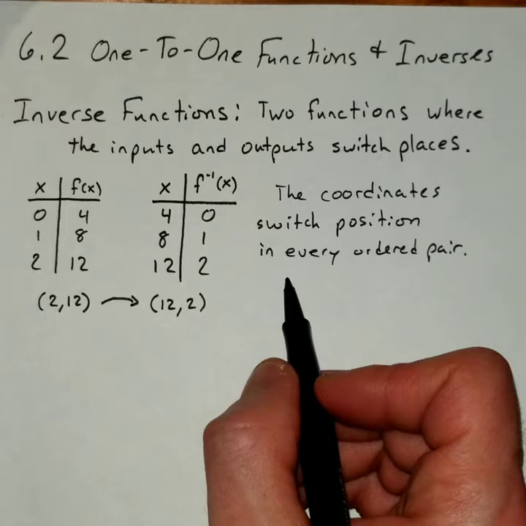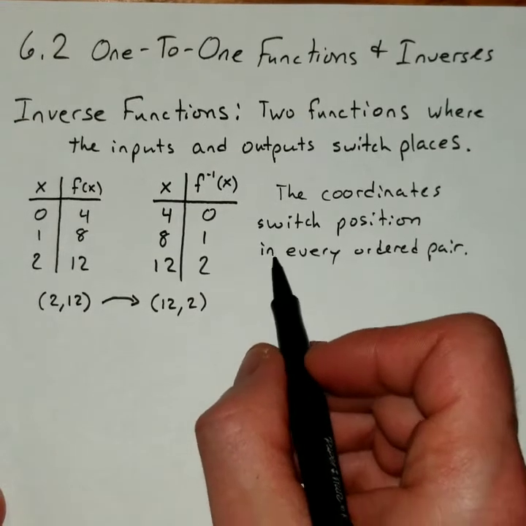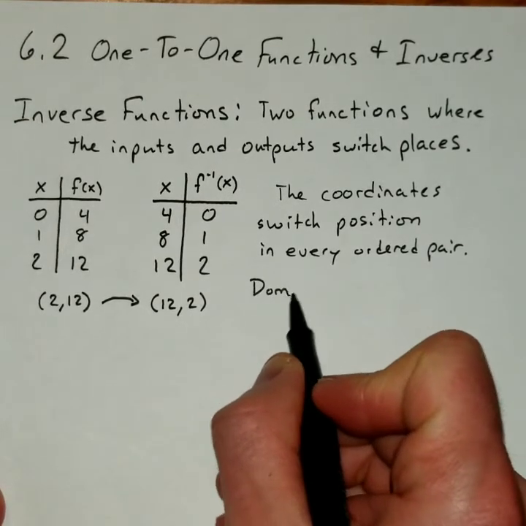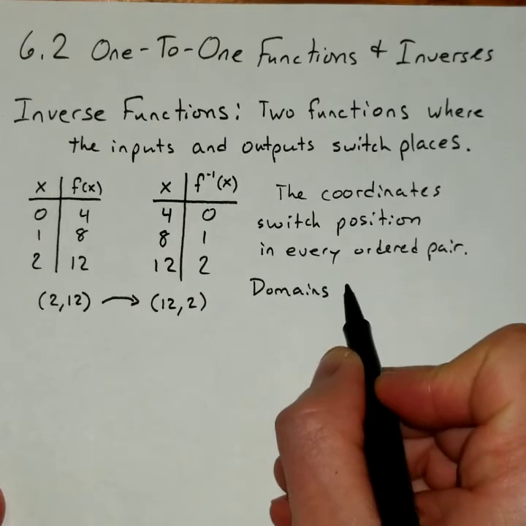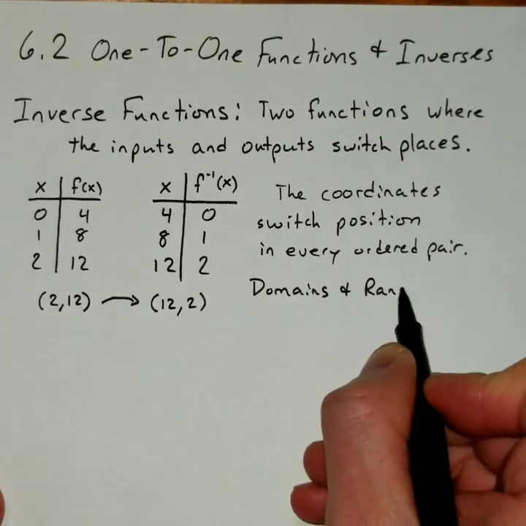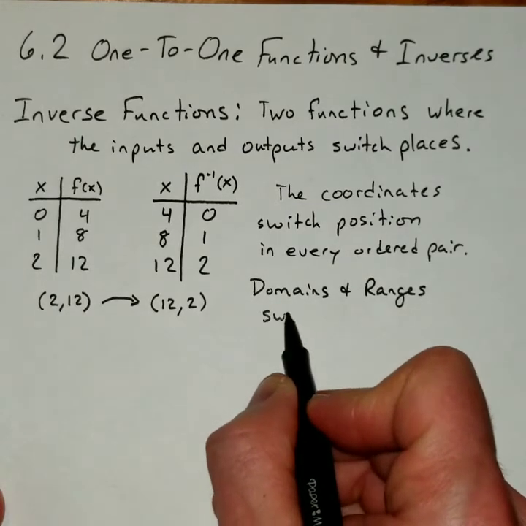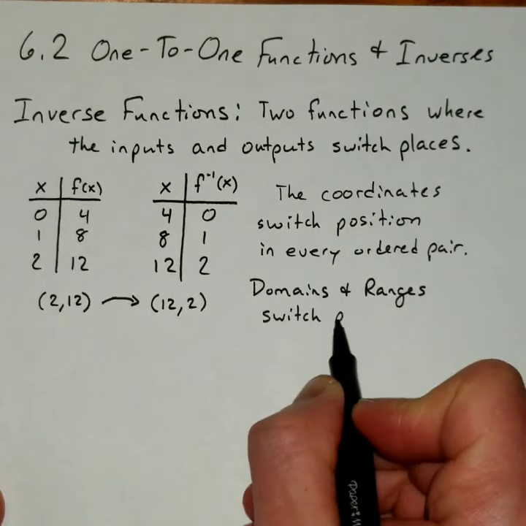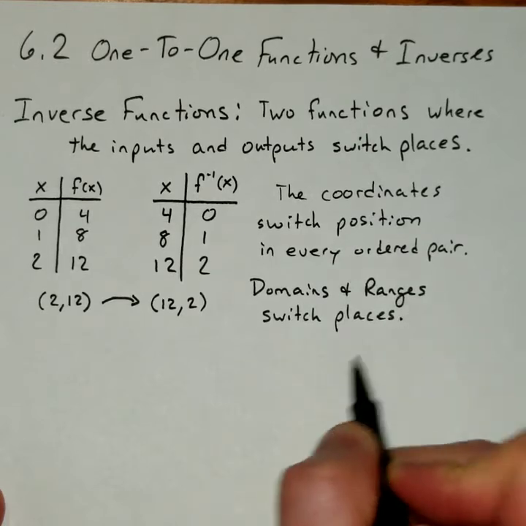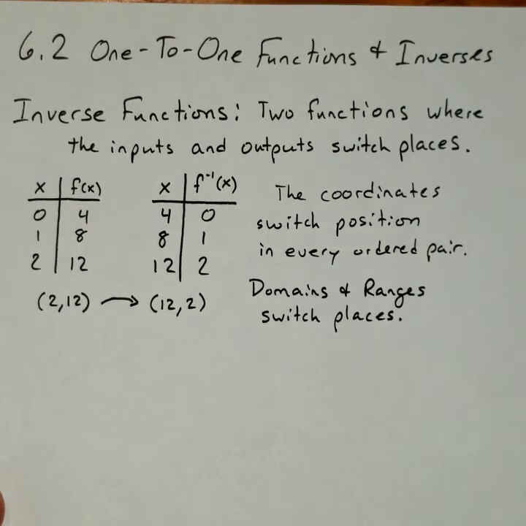So you have this weird situation where the domains and ranges switch places as well. The domain and the range is, again, just the set of inputs and outputs respectively. Okay, so these are just some consequences of the definition.